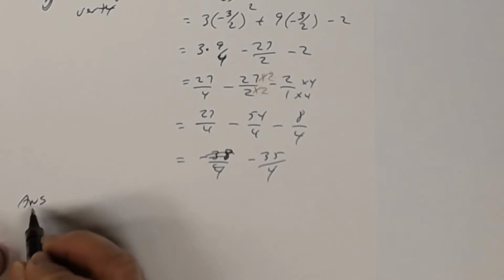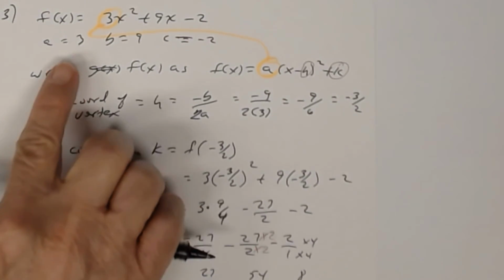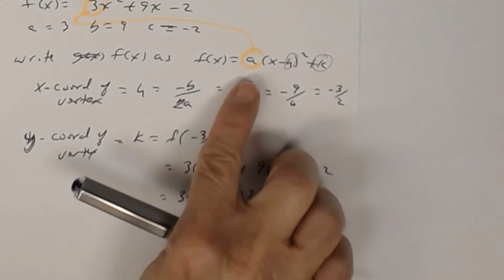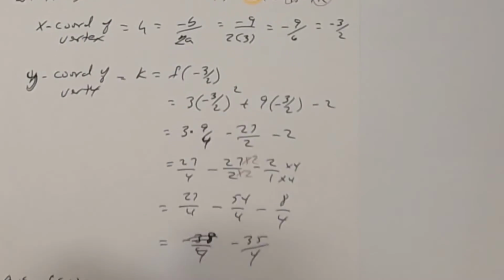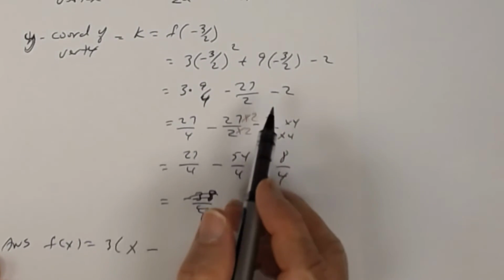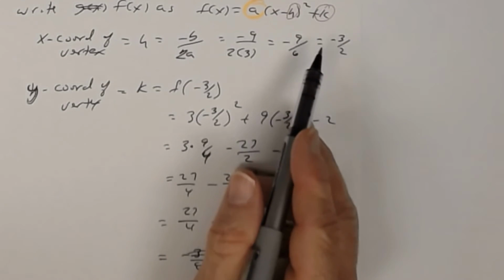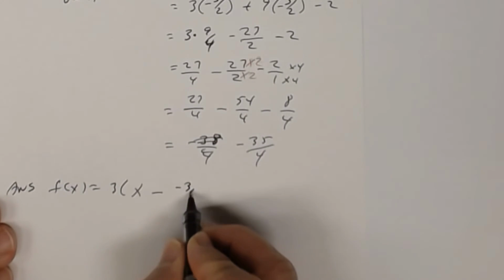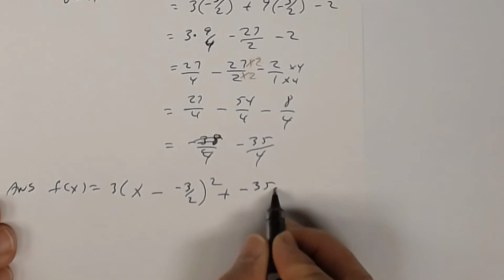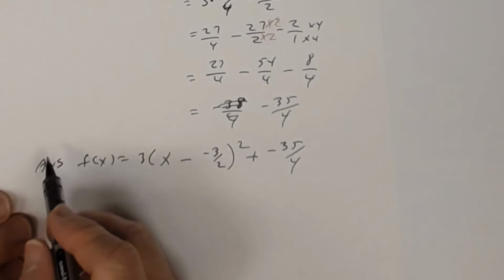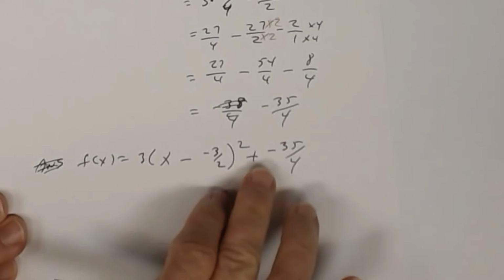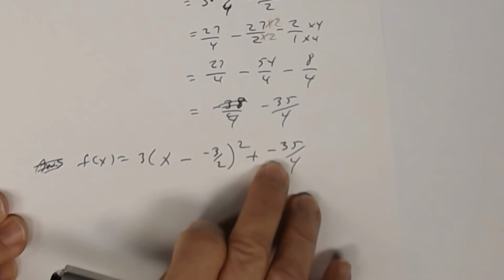So the answer, you're going to say f of x equals a, which is 3, times x minus h. h is negative 3/2, squared, plus k, which is negative 35 fourths. Now I'm not going to write this as the answer. You got to simplify this. Don't leave it like this, and don't say plus the negative here.